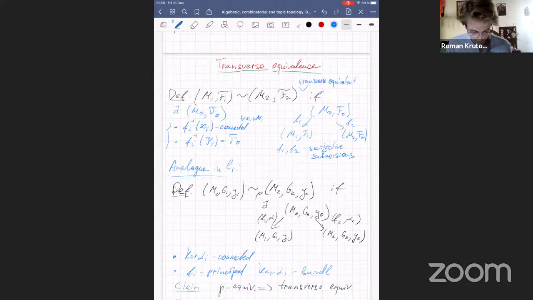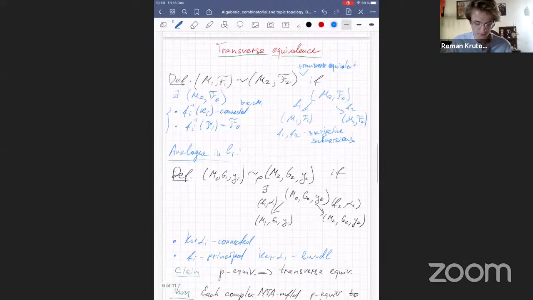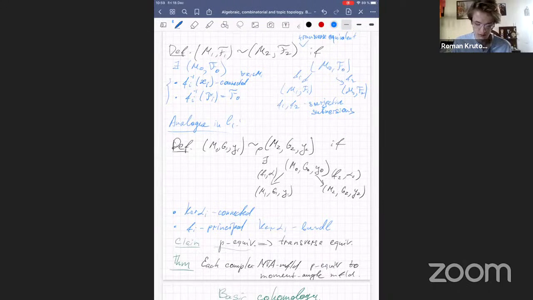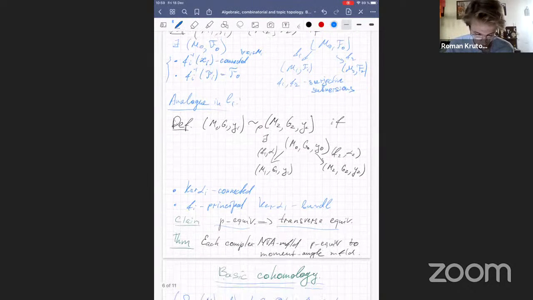Okay, so then the claim is that P equivalence implies transverse equivalence. Actually, it's a much stronger statement, but anyway, that's all we would need.